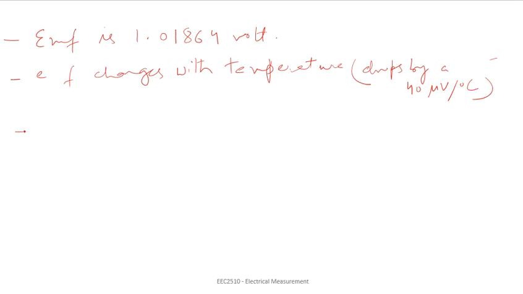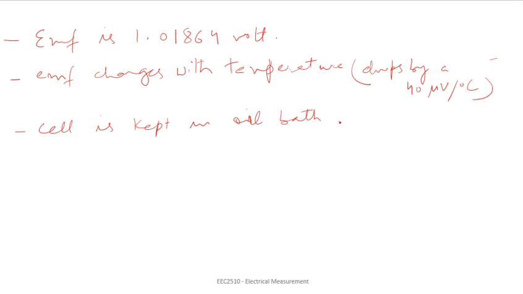To avoid this change in temperature or this change in voltage of the cell, we keep the cell in an oil bath to control its temperature.